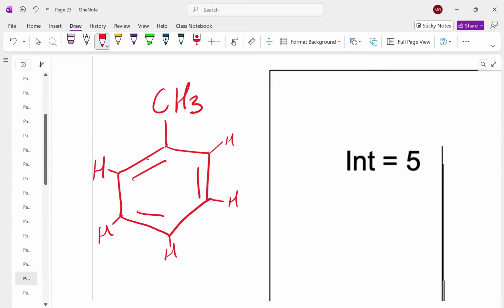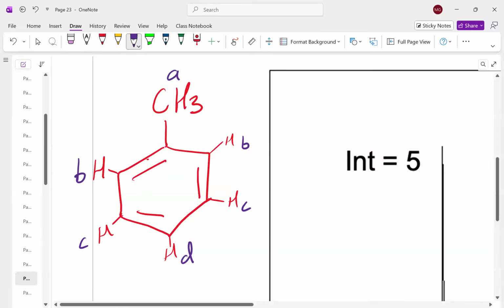Okay, well, first of all, how many signals should we see? Well, the CH3 is going to be unique. Those 3 hydrogens are equivalent to each other. And then these 2 hydrogens are related by symmetry. These 2 hydrogens are related by symmetry. And then this hydrogen is on its own. So we should see 4 signals.